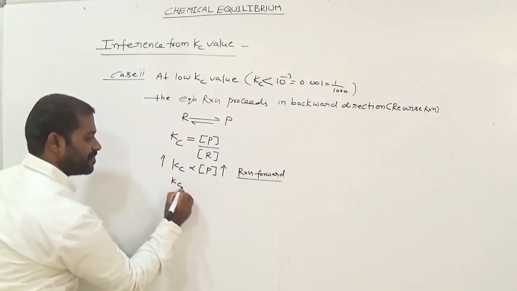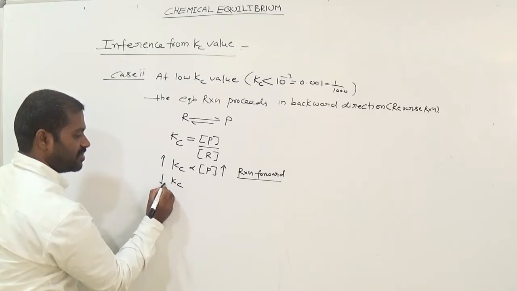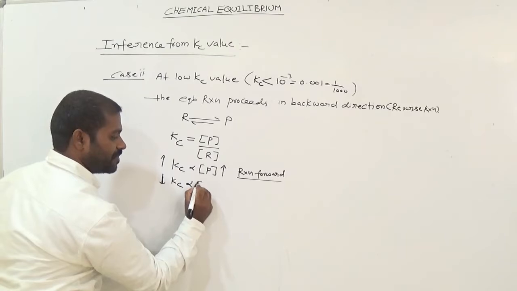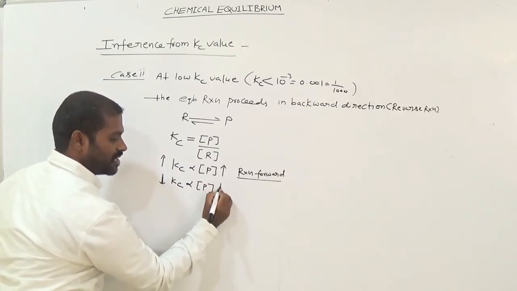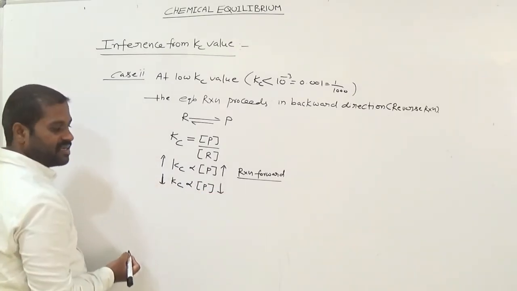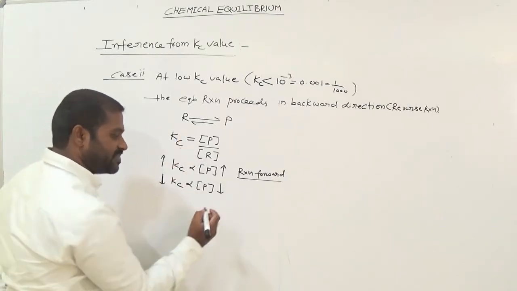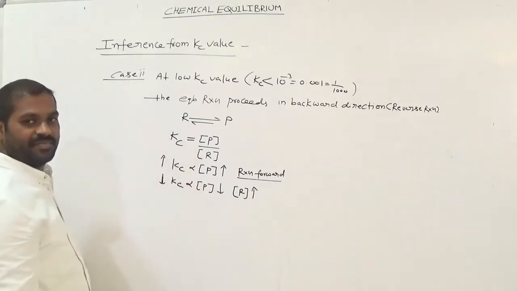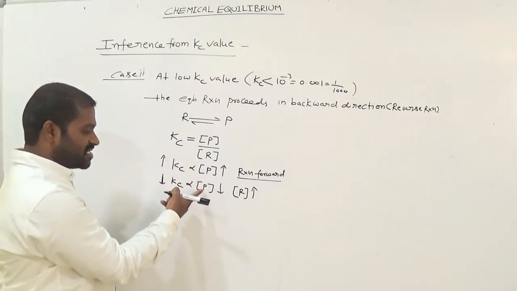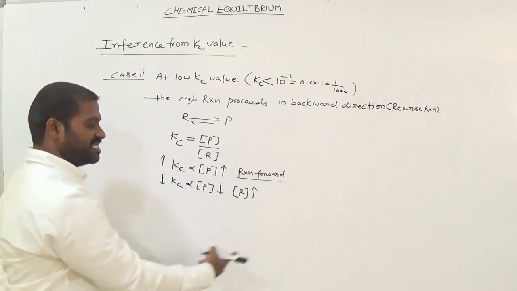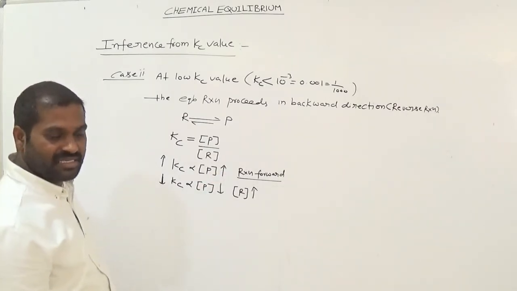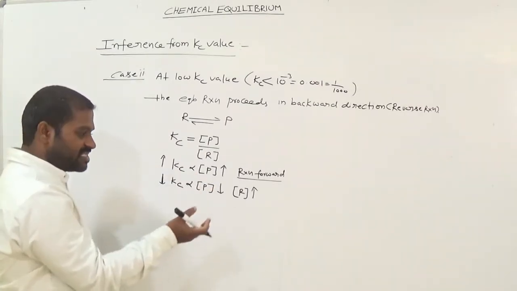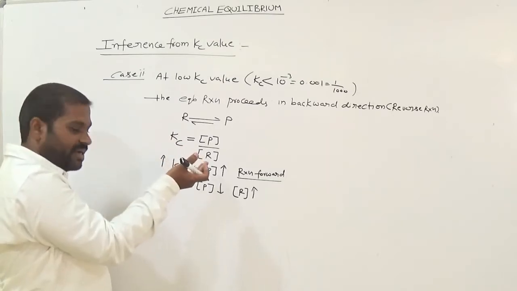So come to here. Kc value is low. Kc value is very low. Then what happened? The molar concentration of product decreases. Am I right? So if the molar concentration of product decreases, the molar concentration of reactants increases, or not? While the concentration of products decreases, that means the concentration of reactants increases automatically.